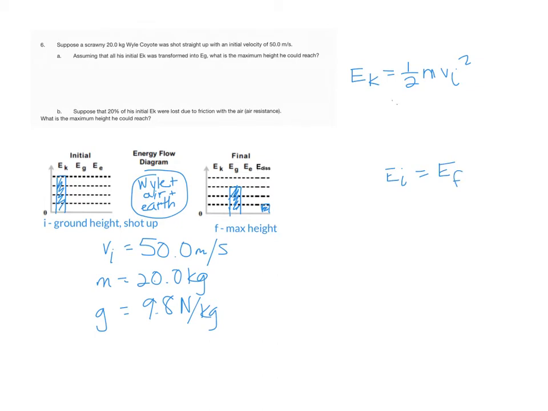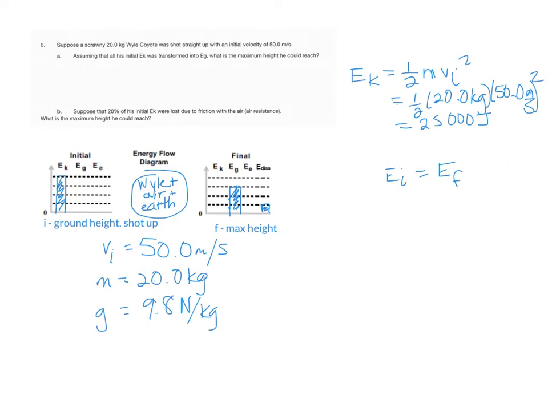I'm going to start by subbing in 1/2 times the mass times initial velocity squared, which is 50. This will give us 25,000 joules. We actually haven't used joules a lot because we've been taking out our mass, but kilogram meter squared per second squared is joules, or newton meters.